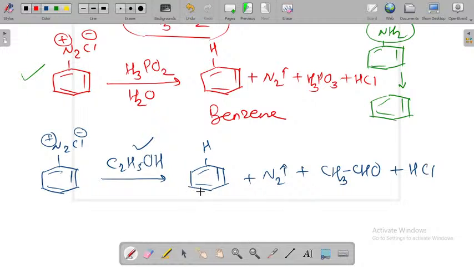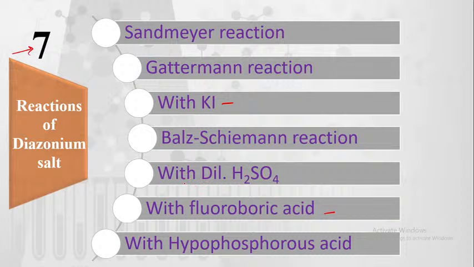Okay, I think this is more clear to you. So the 7 reactions we have seen under this heading are the reactions of diazonium salt. In the next lecture we will see the electrophilic substitution reactions of aromatic amines, that is aniline. On aniline, how the electrophilic substitution is going to take place, we will see in the next section.